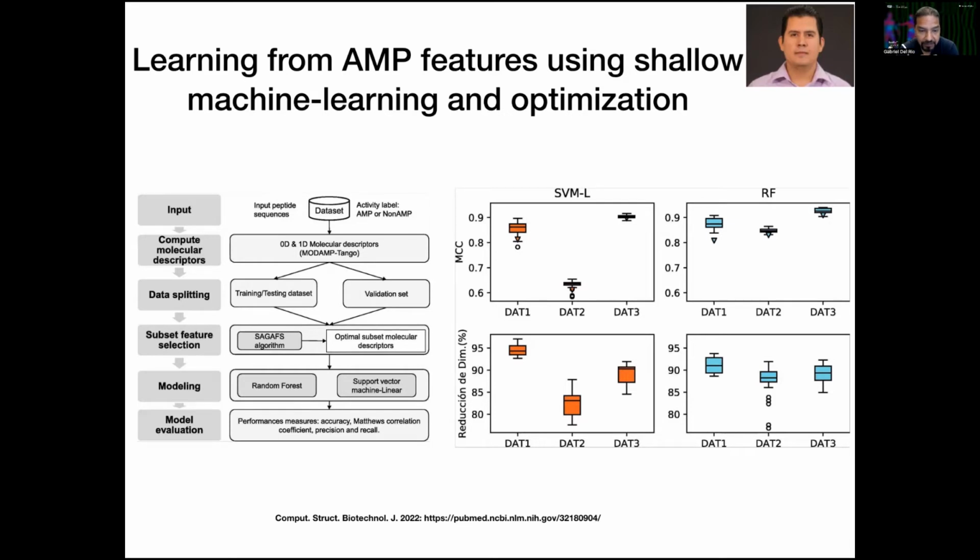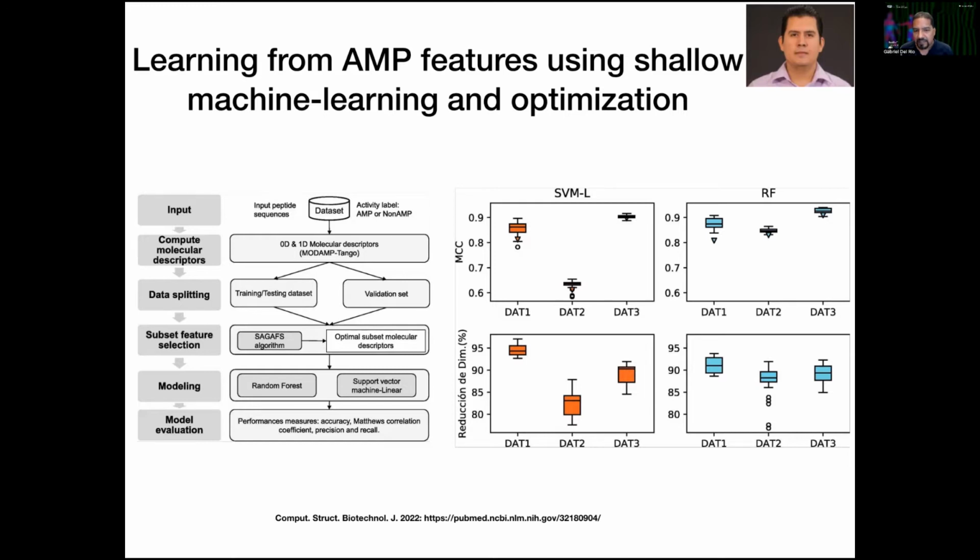physicochemical properties that describe antimicrobial peptide sequences to characterize, by either a random forest or an SVM, or support vector machine, antimicrobial peptides from non-antimicrobial peptides. And what he showed, and this is what you see on the right side images of this slide, is the efficiency for the classification of antimicrobial and non-antimicrobial peptides.